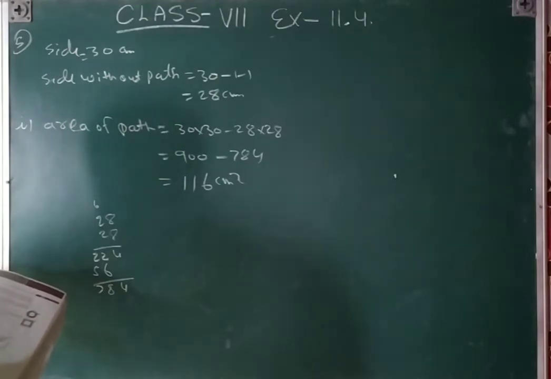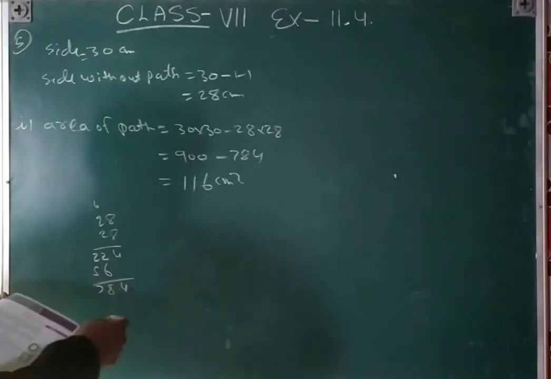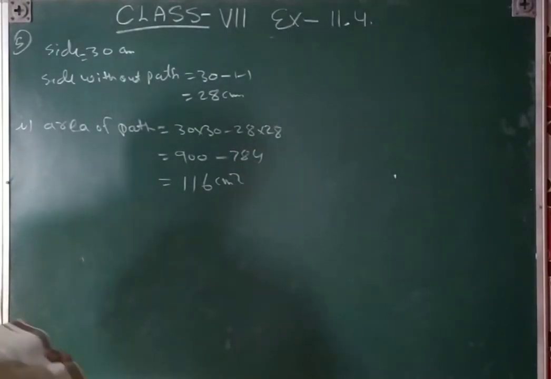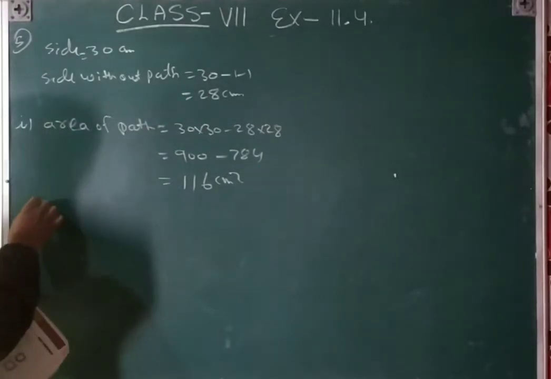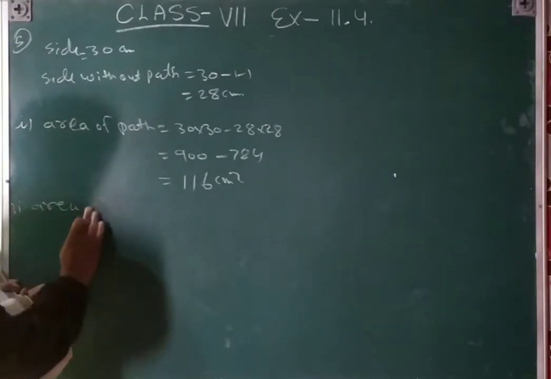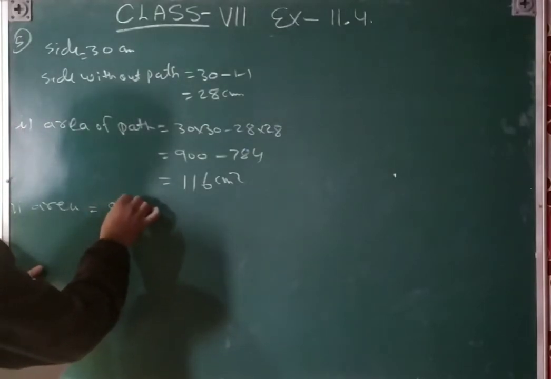And then the cost of planting grass in the remaining portion of the garden at the rate of 40 per meter square. So we need to find the area of the garden also. Area of garden means side into side, side square.